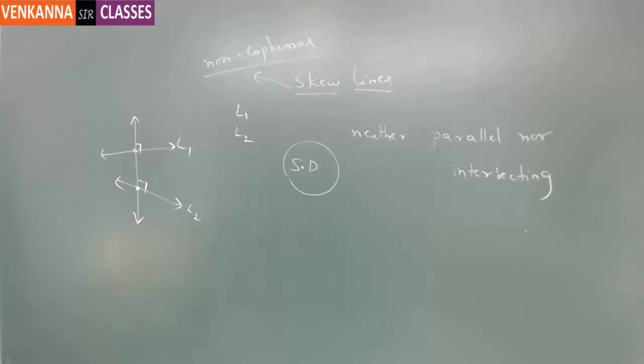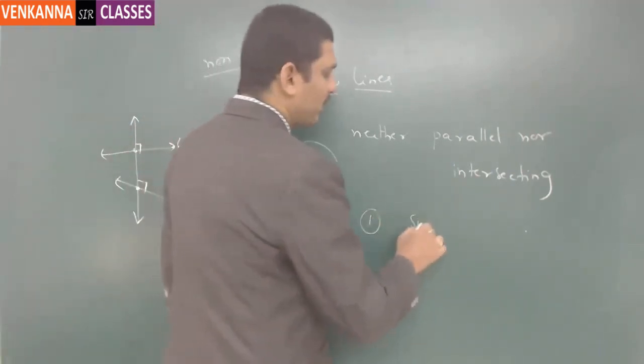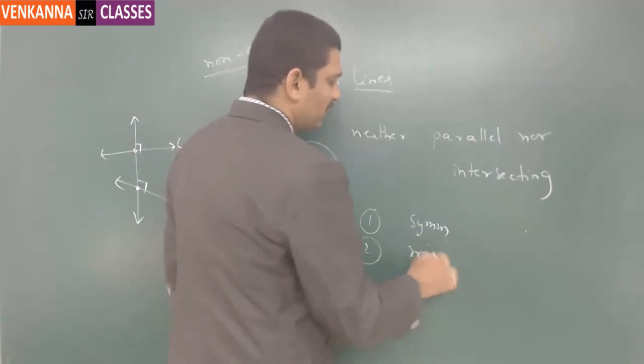Now as usual, if you think about the coplanarity case and what we did with regard to the problems, here also in the skew lines concept, you have to evaluate the shortest distance in 3 cases. Case 1, the 2 lines are in symmetric form. Case 2, the mixed one.